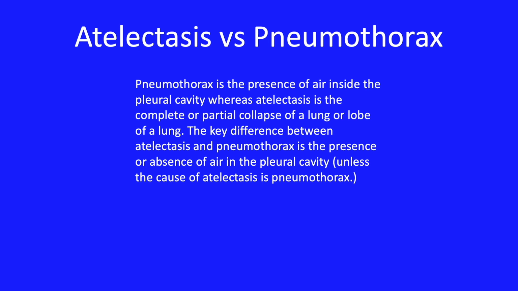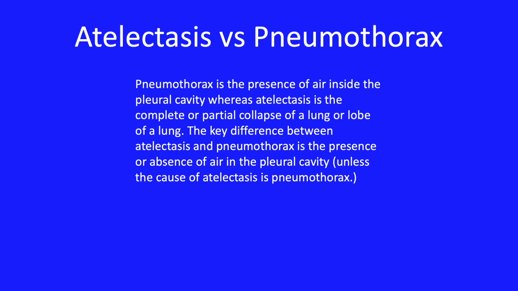Another term that students often hear when discussing pneumothorax is atelectasis. The difference between the two terms is that a pneumothorax, as described, is the presence of air inside the pleural cavity, whereas atelectasis is a complete or partial collapse of a lung or lobe of a lung.